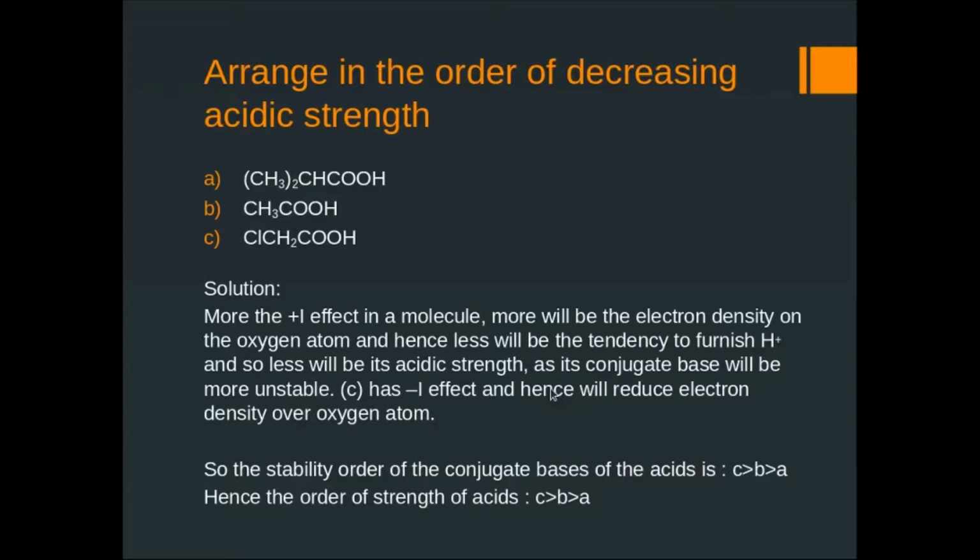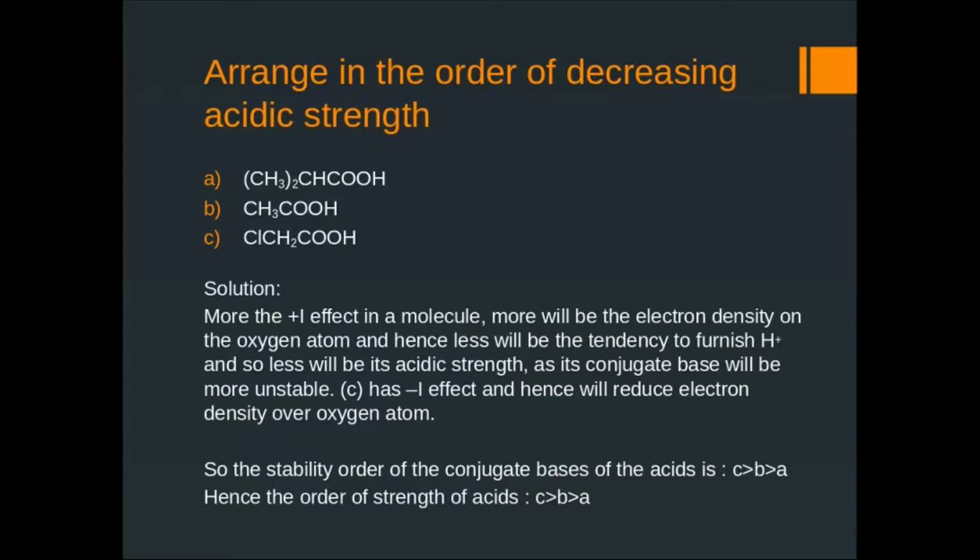Listen and see it. First of all, chloroacetic acid. The electronegativity difference between chlorine and carbon is very high. Chlorine has a minus I effect, and so it is pulling the negative charge towards itself and distributing the negative charge over the entire molecule, leading to development of partial positive charge on oxygen.